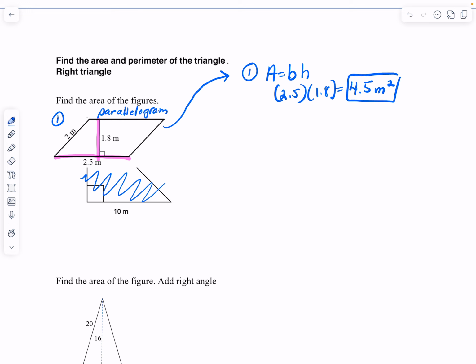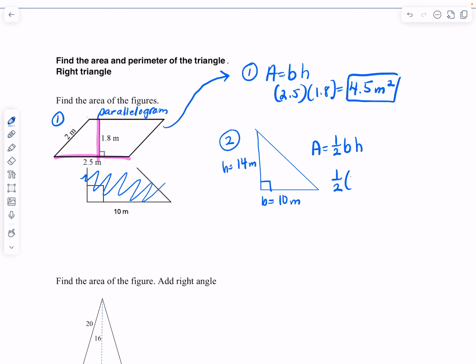Okay, figure 2. Figure 2 is a right triangle, and I'm just going to redraw this quickly. If your notes didn't mess it up, you'll have something that should look like this. So 14 meters is the height and 10 meters is the base. Okay, so area equals 1/2 base times height.